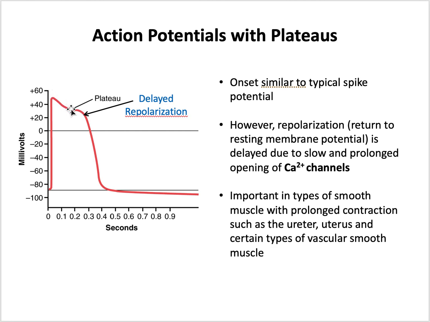So this plateau, when you see smooth muscle cells that exhibit this type of action potential profile, it allows for more calcium to come in and prolonged contraction. Okay, so that's the key point here. You will see an action potential profile similar to this when you talk about cardiac muscle, cardiomyocytes in future chapters.